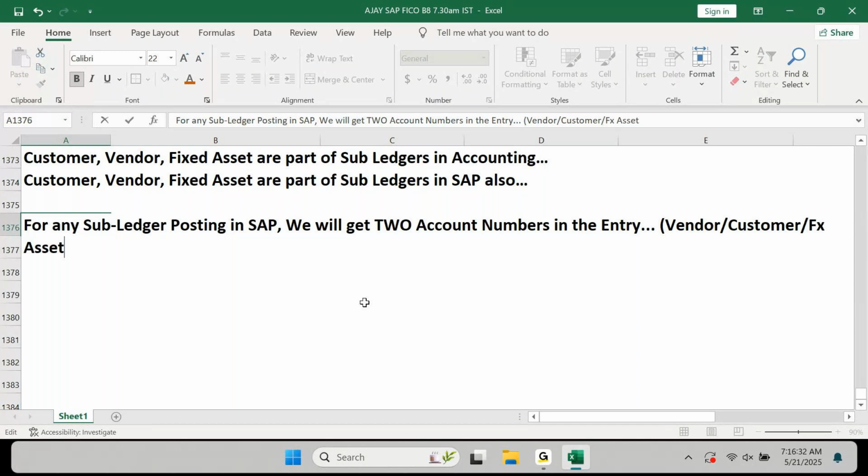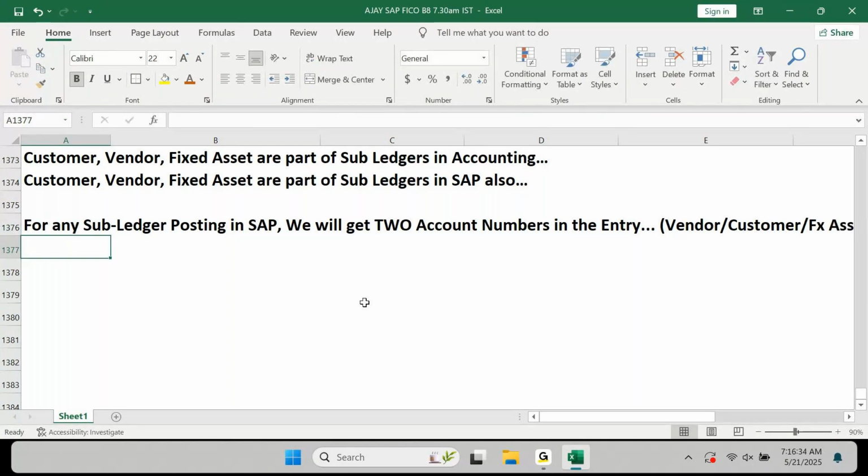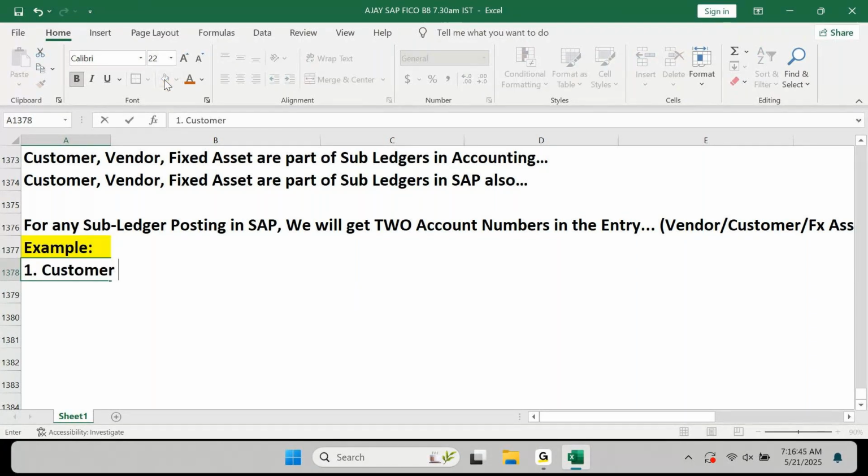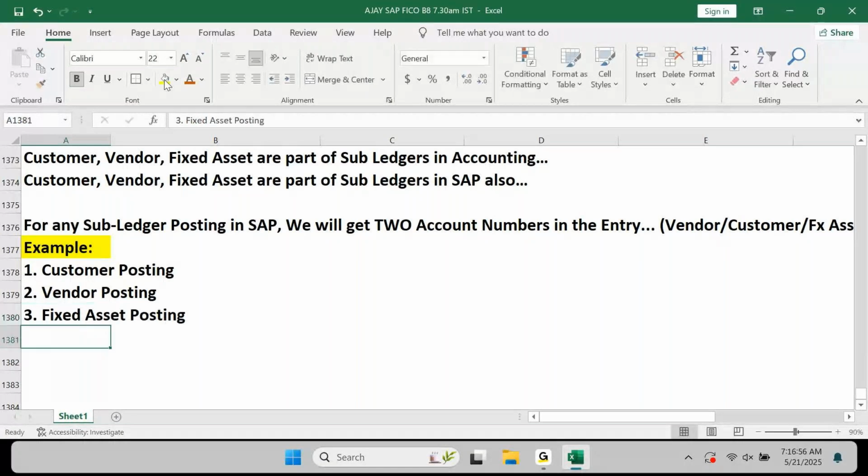For example, customer posting, vendor posting, third one, fixed asset posting. Three are the subledgers.